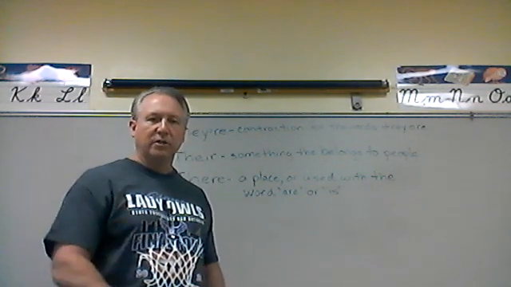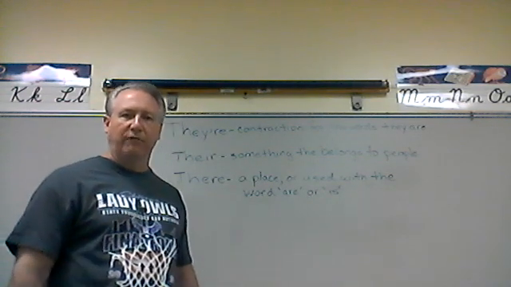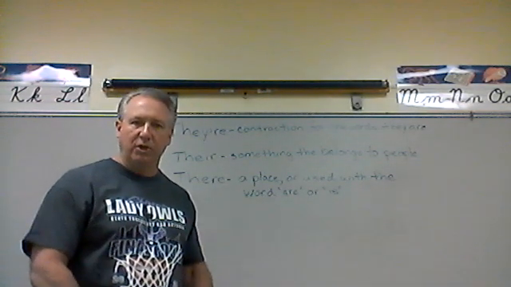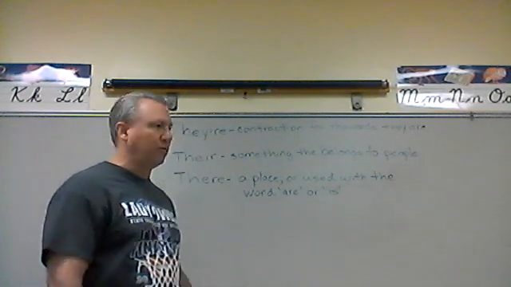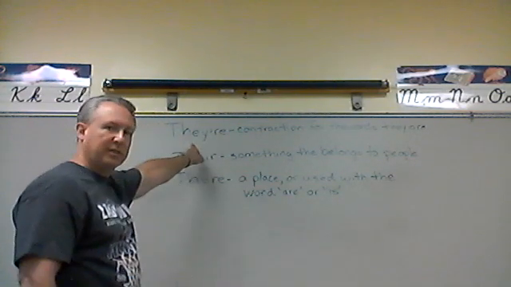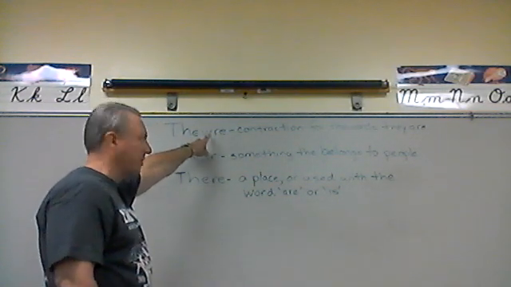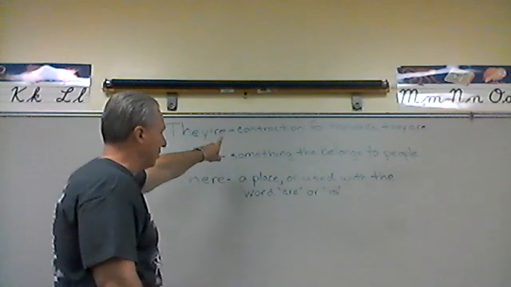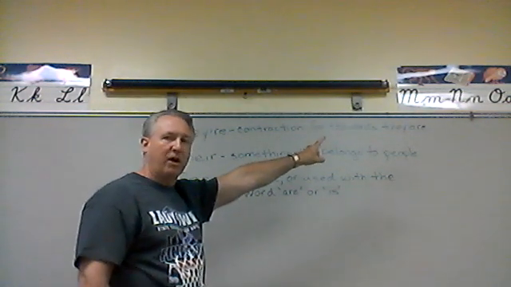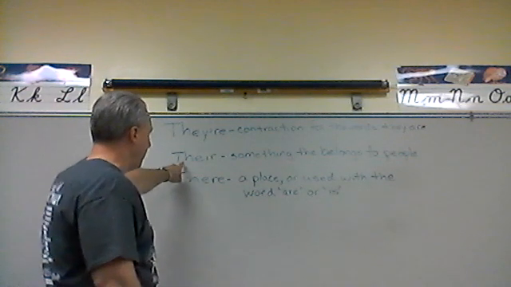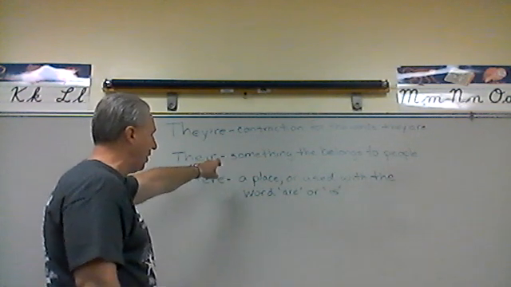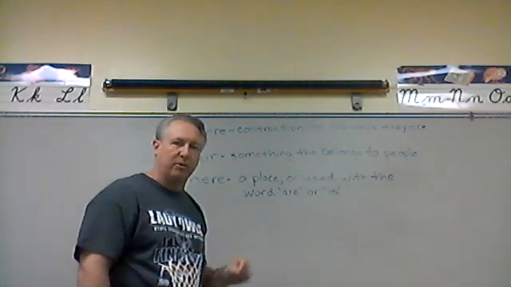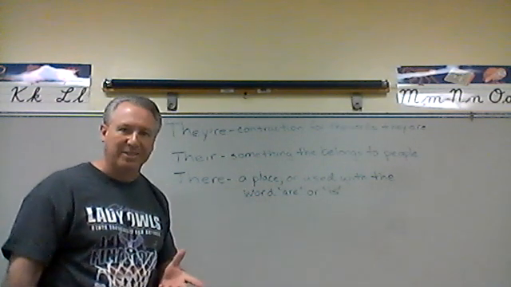So what I'm going to do this morning, just very briefly, is review with you the proper use of they're, T-H-E-Y apostrophe R-E, which is a contraction for the words they are. The word their, T-H-E-I-R, is something that belongs to people. It shows ownership. It's possessive.